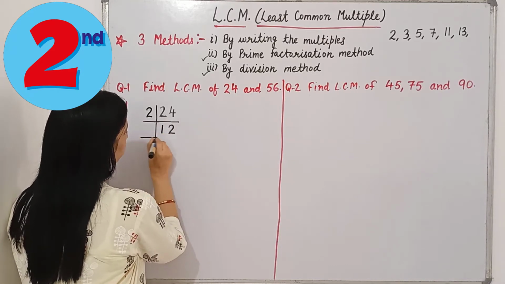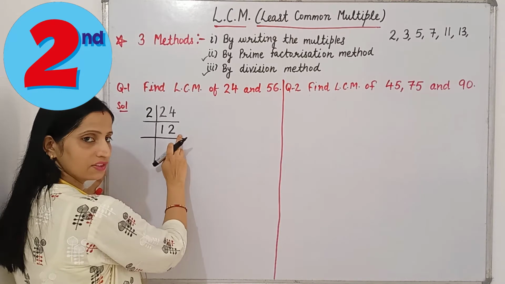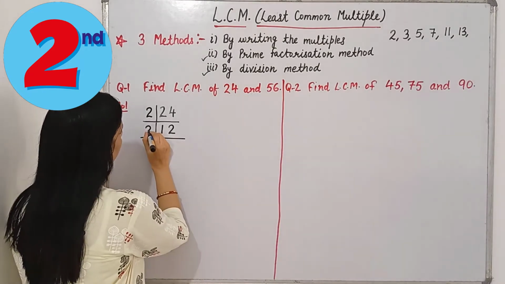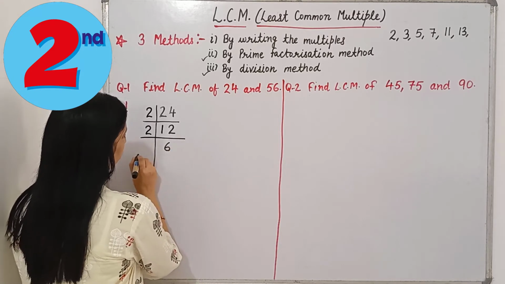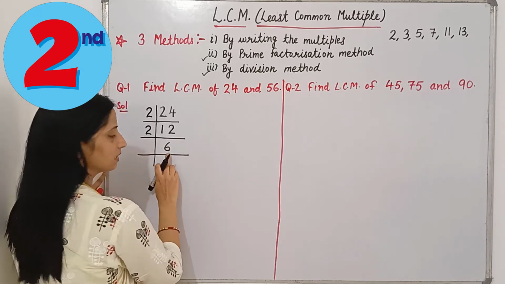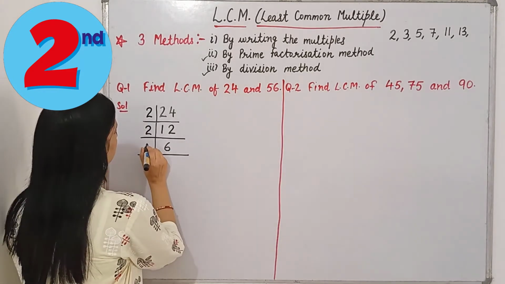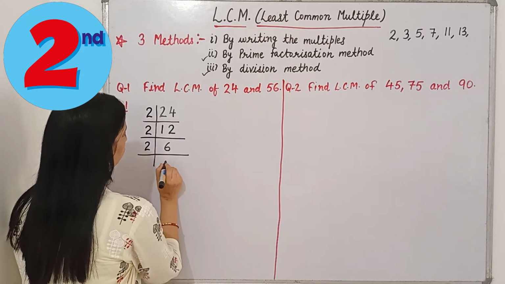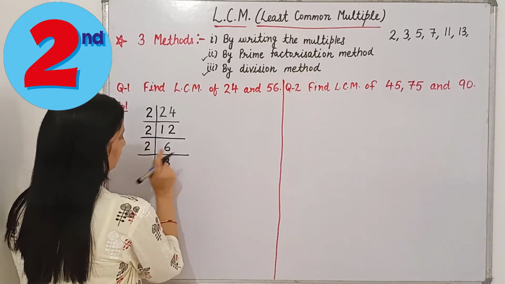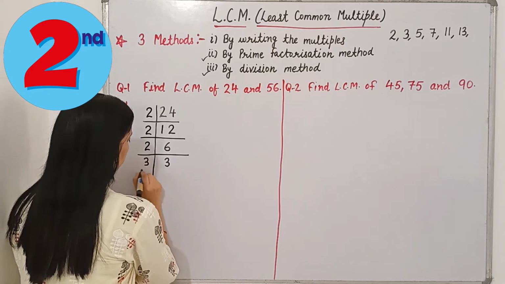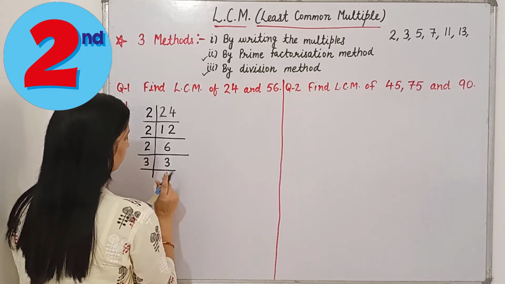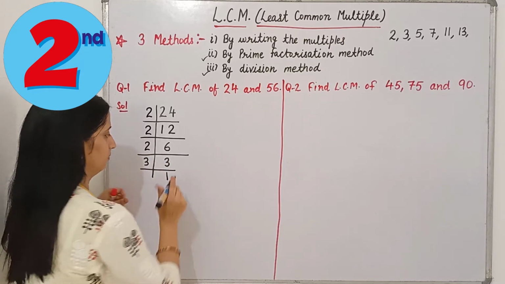We will get 12. 12 is again divisible by 2. So we will again divide it by 2. 2 sixes are 12. Now again you can see that 6 is divisible by 2. 2 threes are 6. And we will do it till we get 1 here. So 3 ones are 3.